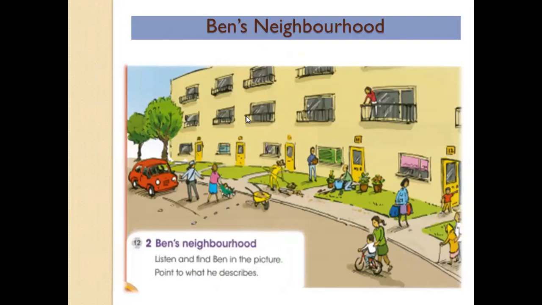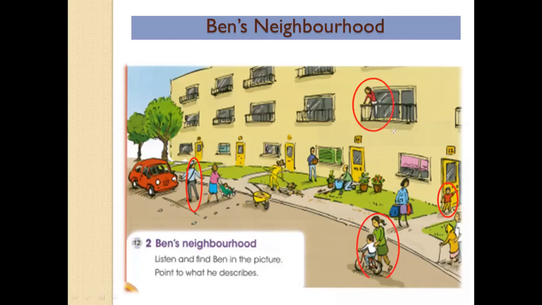Then we focused on this picture. We tried to find Ben, and we find Ben here. He is opening the door for his neighbor. Then we see in the picture there is a policeman helping a woman to cross the road. He stopped the traffic. Ben's cousin is helping the boy to ride a bicycle.